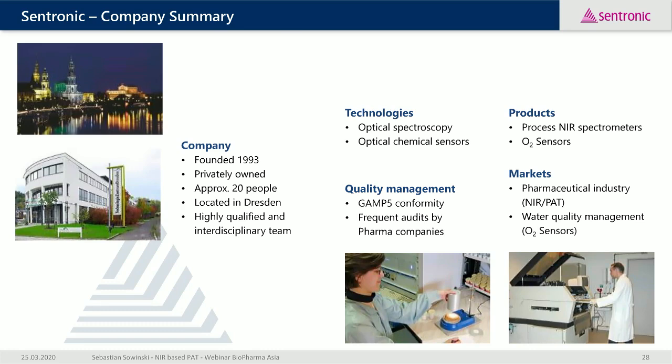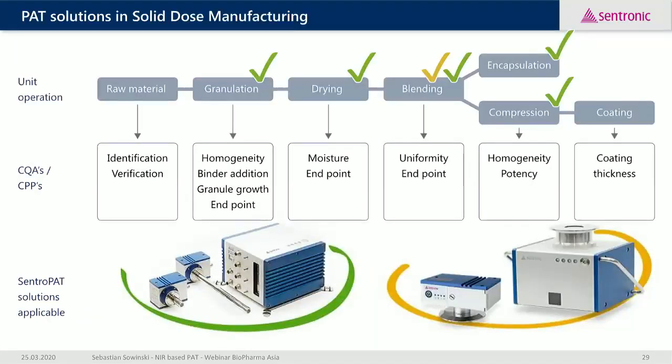Our main product here are process near-infrared spectrometers with a core market, or focus market, of the pharmaceutical industry. And in order to serve this market, we have a quality management in place, which is conformed to GAMP 5, and we have had a couple of audits in the past for our quality system.